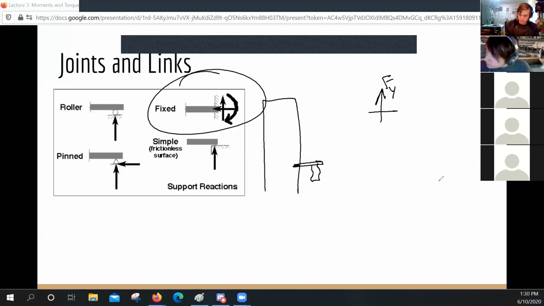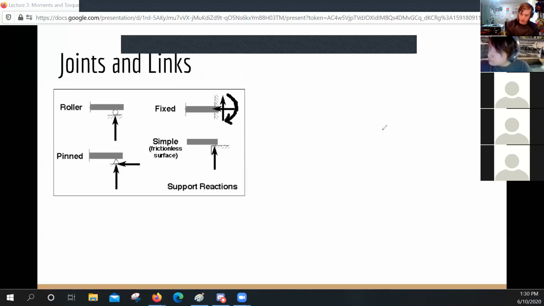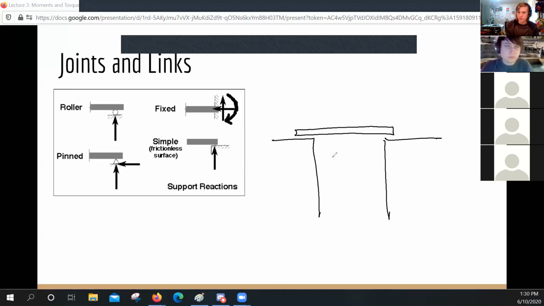Another version of something is like, let's say we have a cliff, and we just put a board across that cliff, because we want to get across it, but we don't have anything. Basically, the edge of the cliff here and here is going to be supporting the board. So it's going to be applying a normal force, but this is just called a simple joint.